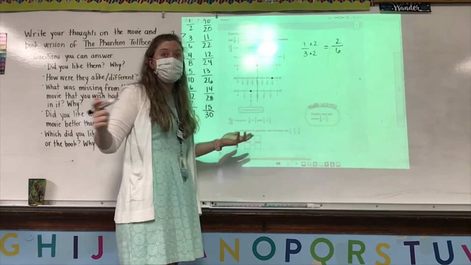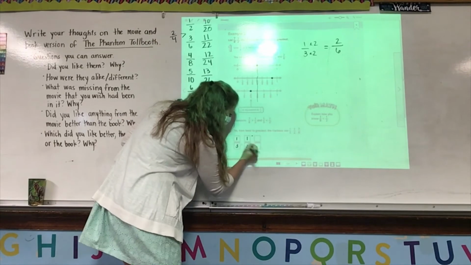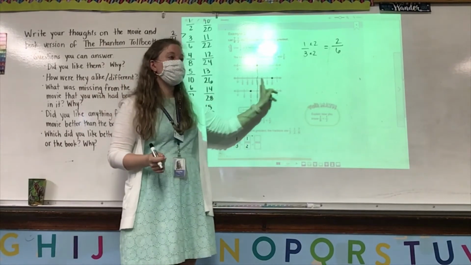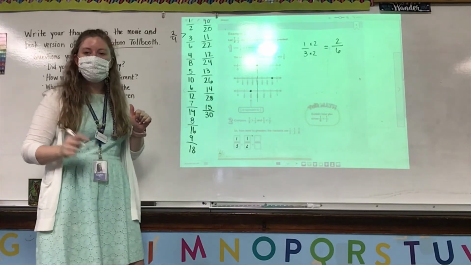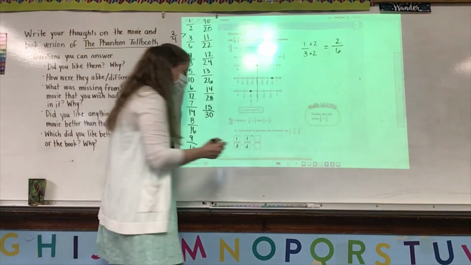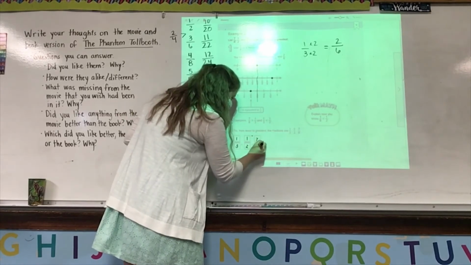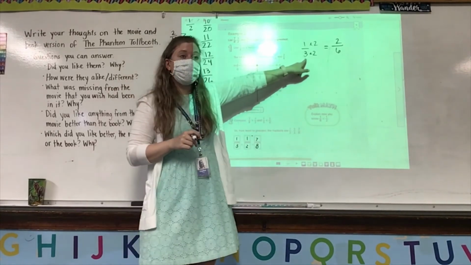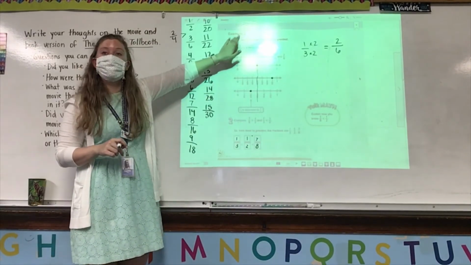That was in our original problem, so do we have to change it? No. And then the greatest fraction, the fraction closest to the right, is 7/8. Do we have to change that? No. So don't forget, if you do have to find an equivalent fraction, when you're writing your answer, make sure you write it the way it was given in the problem.